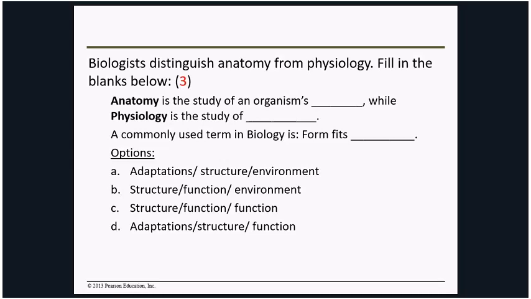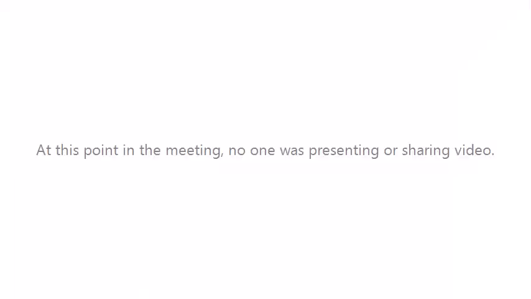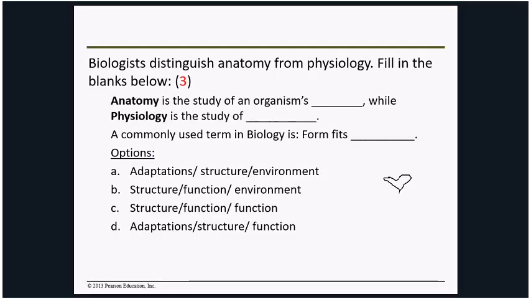You can even grab a little pen and make marks too if you want. Anatomy is the study of an organism's blank, while physiology would be the study of blank. And a commonly used term in biology is form fits blank. So would it be A, B, C, or D?